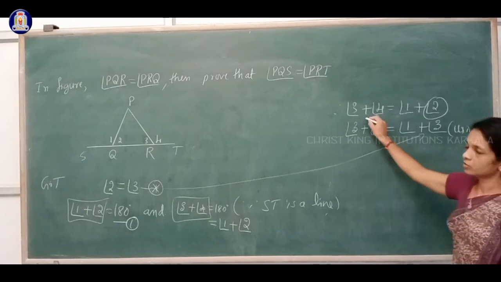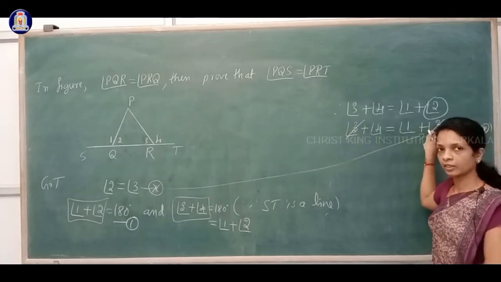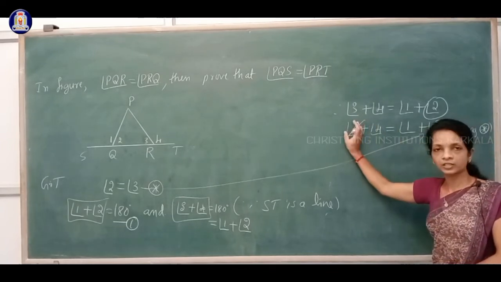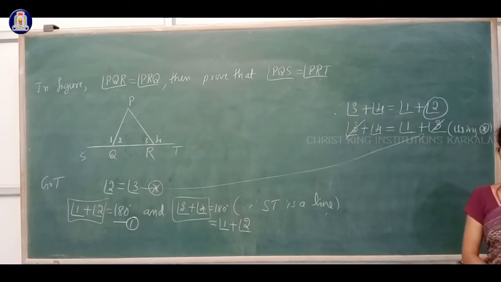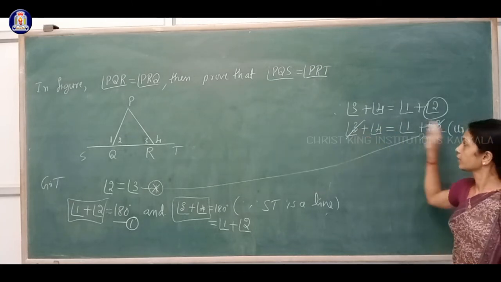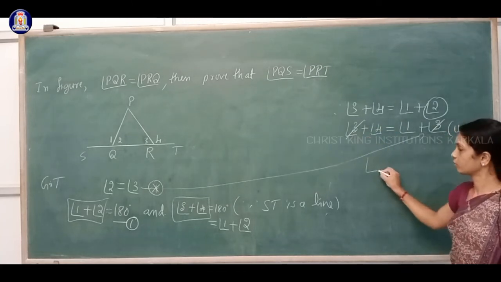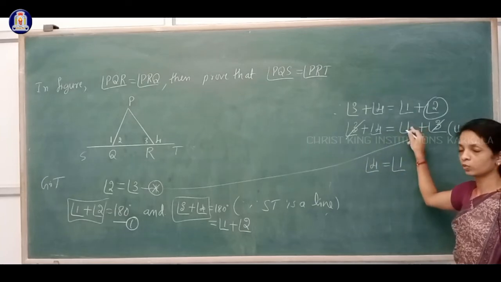Now since you have the same angle on both sides with the same sign, you can cancel. Because if you take this angle 3 to the other side, it will go as minus angle 3, that cancels with plus angle 3. So what we are left with is angle 4 equal to angle 1.